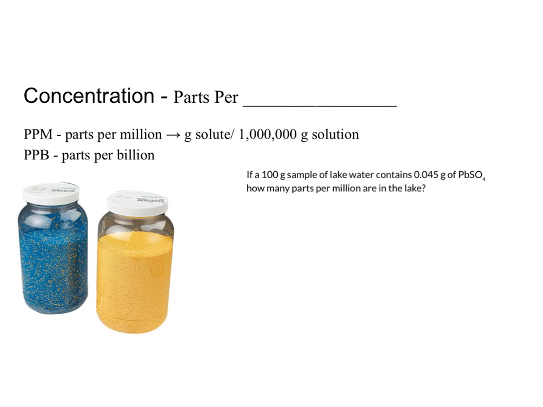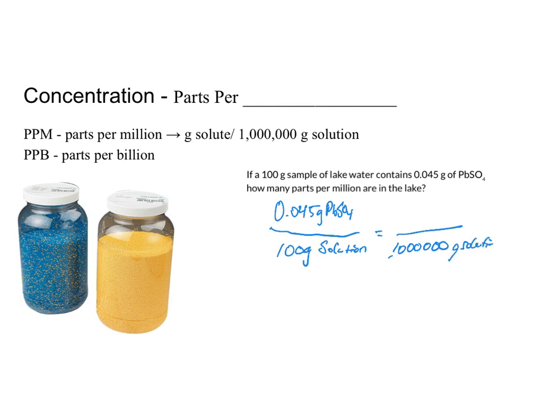If I have 0.045 grams of that PbSO4 out of, again, 100 grams of solution, we want to set up a proportion here out of 1,000,000 grams of solution, where what we're trying to find, this parts per, is going to be our x.